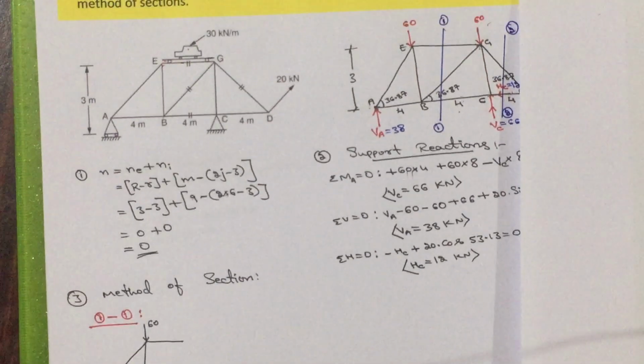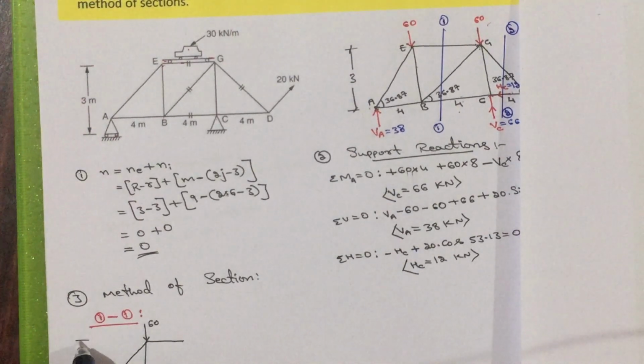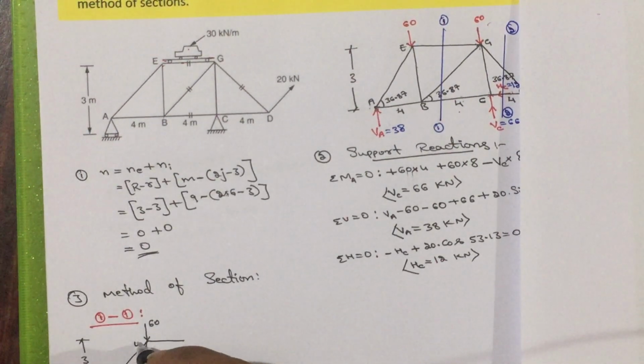Okay, then this length is 3. Then here A, E, B.